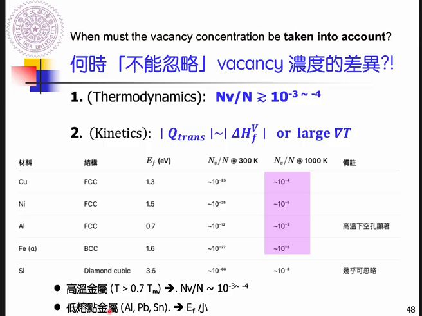Or for some metals with lower melting points, for example aluminum, lead, and tin, their vacancy formation energy is quite small, which means it is easy to form vacancies. And in this type of material, you still cannot ignore the vacancy concentration.